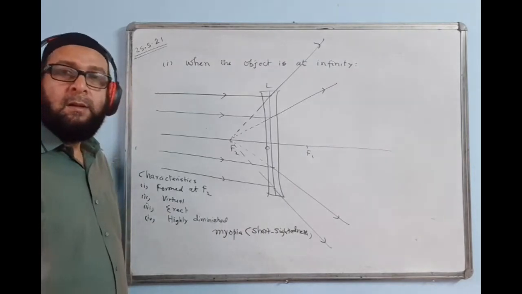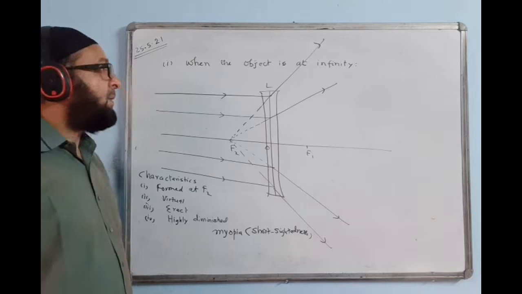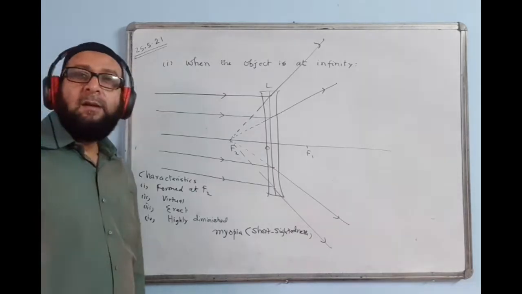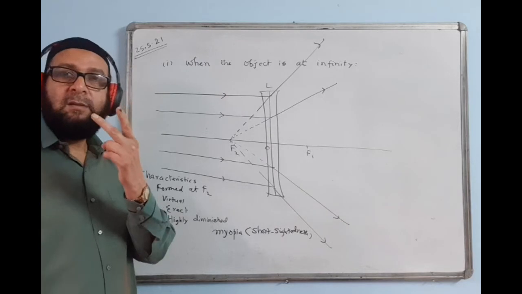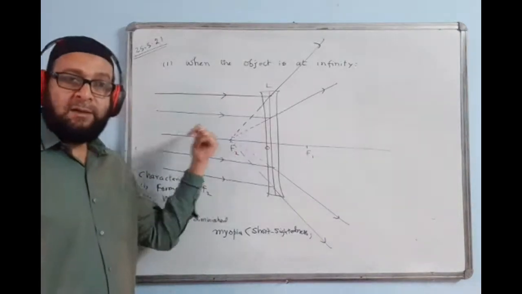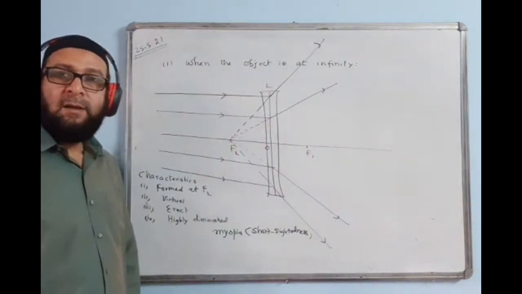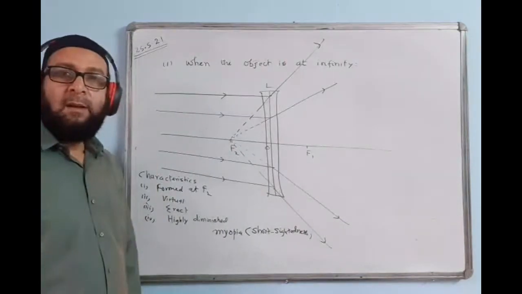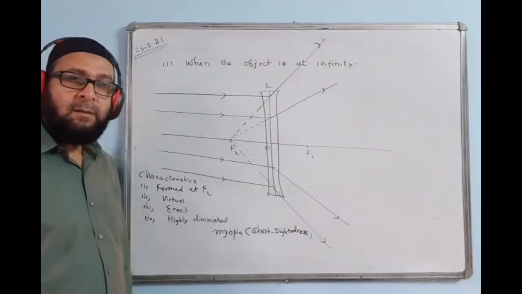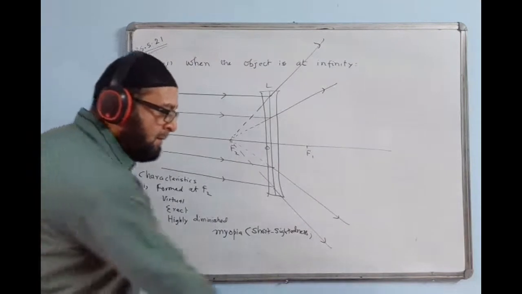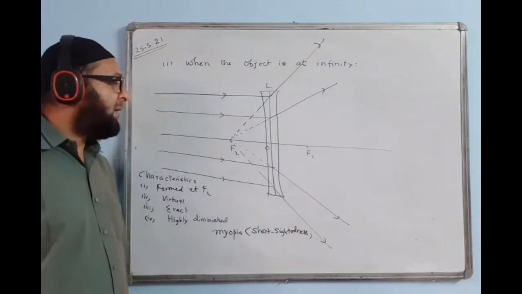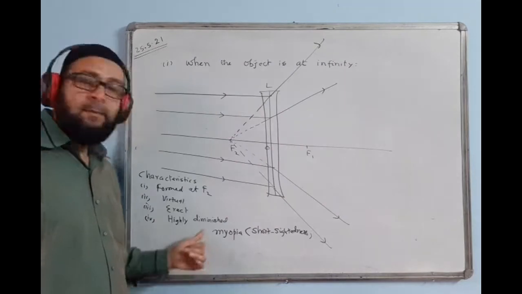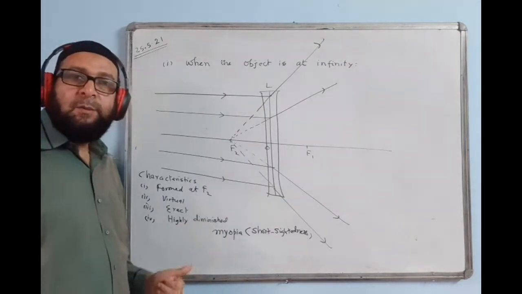Done? Okay, today we are doing this. In concave lens we have only 2 cases, not like the 6 cases we had just now in the case of convex lens. We have only 2 cases.